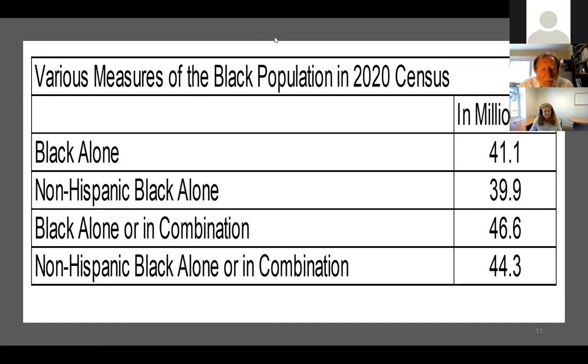So the point here is that there are lots of different ways in which this data can be tabulated and analyzed. One implication is that when people are doing redistricting and trying to get the best population for their point of view, they have choices on what data and what tabulations to use.